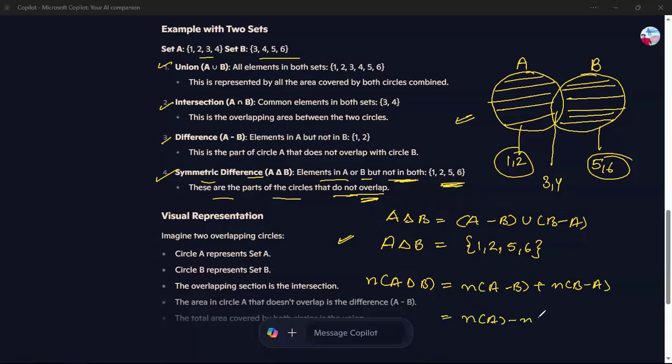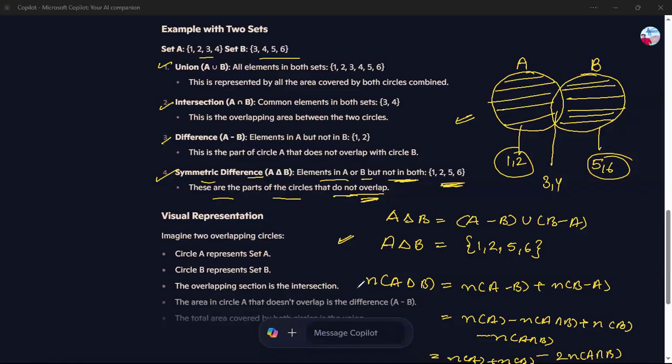N of A minus N of A intersection B plus N of B minus N of A intersection B. So it will become N of A plus N of B minus 2 times N of A intersection B. Sorry for my bad handwriting. Is the formula clear to you? Yes, sir.